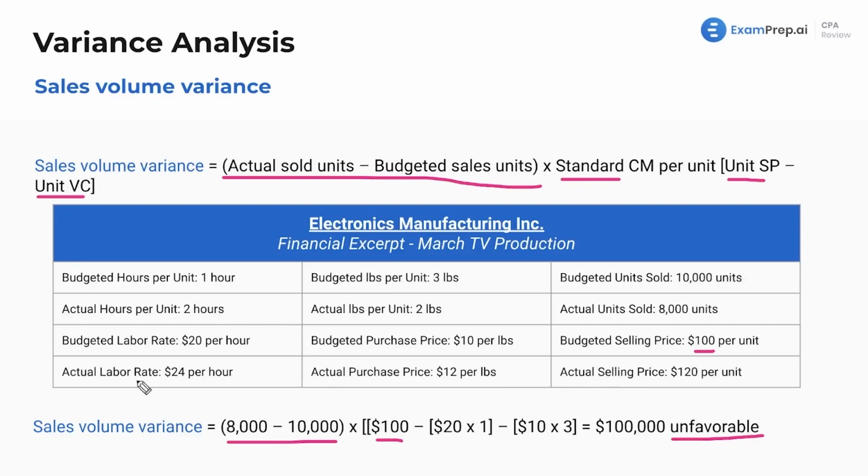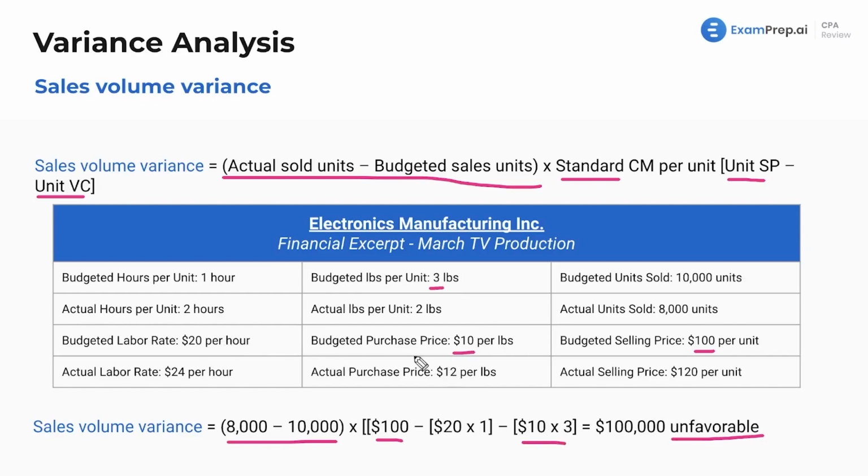Now, I don't see any overhead, so we don't have any. Great. But I do see labor and materials. Awesome. Let's do materials. We've got budgeted purchase price of materials of $10. Budgeted pounds per unit we need is 3. And that's how we get $30 of direct materials.